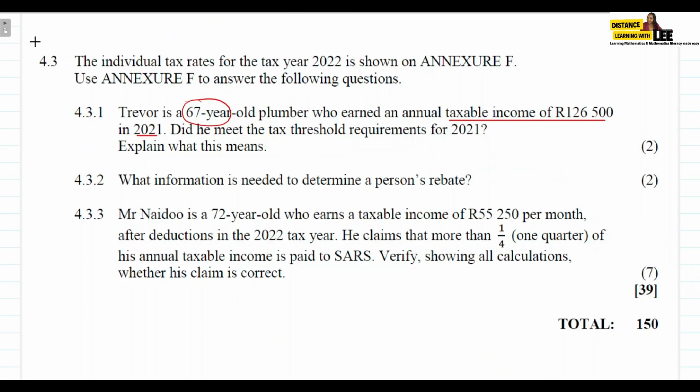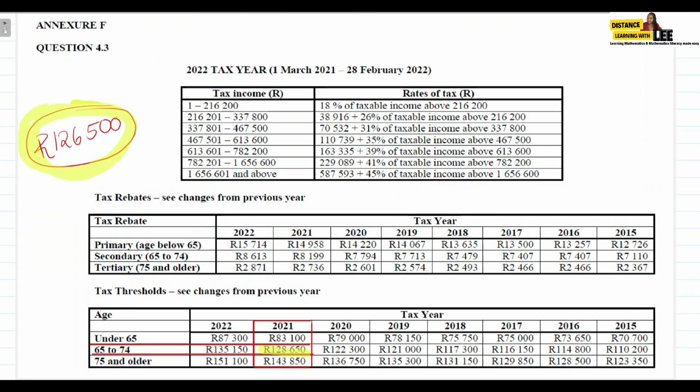Question 4.3.2 says, what information is needed to determine a person's rebate? When we look at the information that is given to us here, what information is actually needed for us to calculate whether a person qualifies to get a tax rebate?